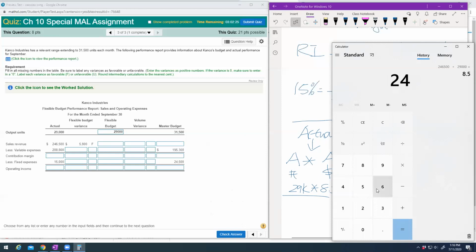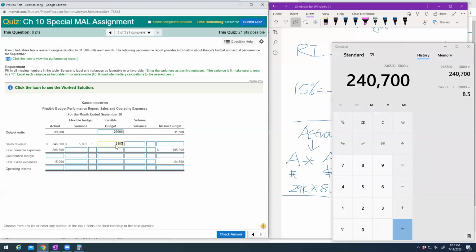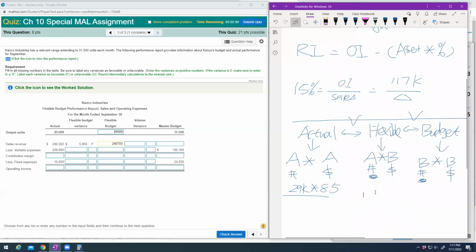So 246,500 minus 5,800 gives you 240,700. And then how do we get 240,700? We get this over 29,000 units, so each one is 8.3. Now we can write 29,000 times 8.3.